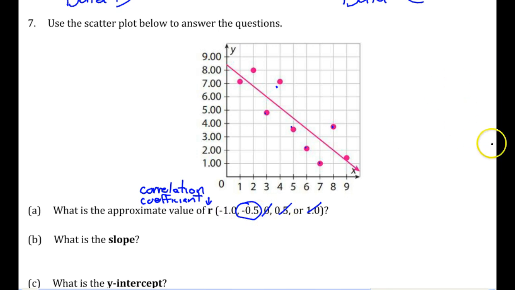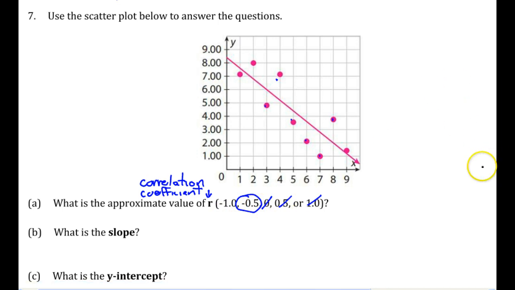Okay. For slope, the next question, I'm going to calculate it. I'm going to pick 2 points not close to each other, but close to the line. So if you look at the line, the best fit, what 2 are closest to the line? Okay, probably right here and right here. So I'm going to estimate these. Okay, this is (1, 7).